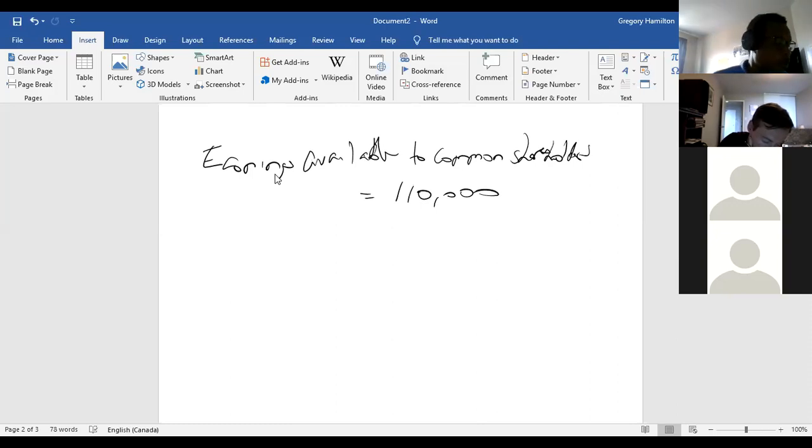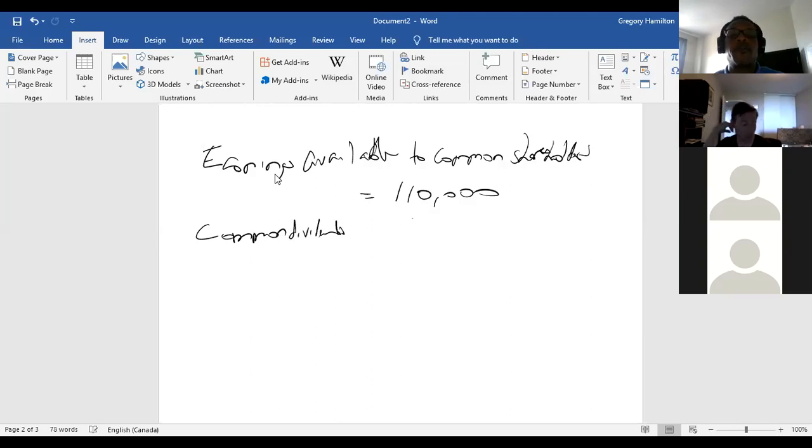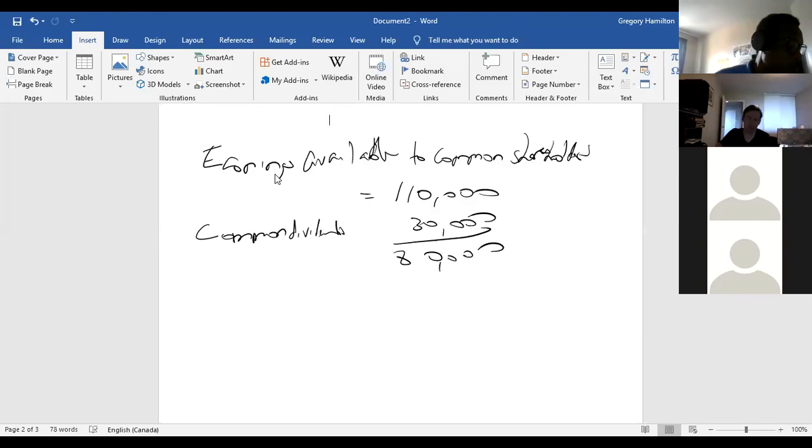Now that we know the earnings available to common shareholders, we also know the dividend for the common shareholders. If we take away the common shareholders' dividend of 30,000, we have 80,000.